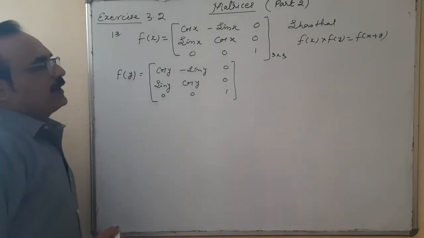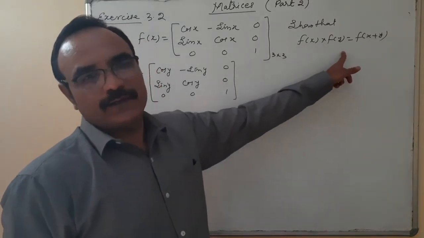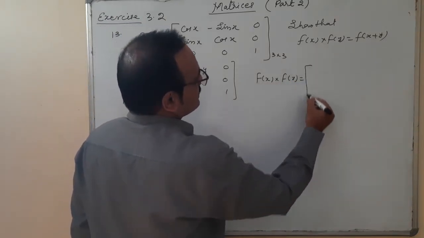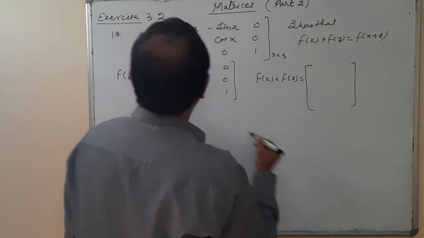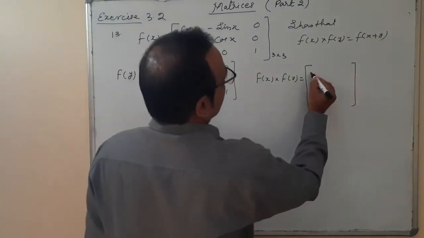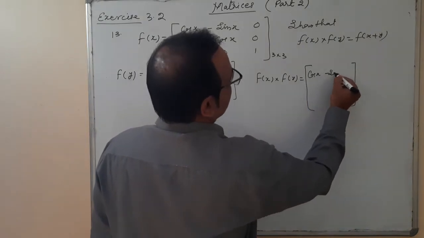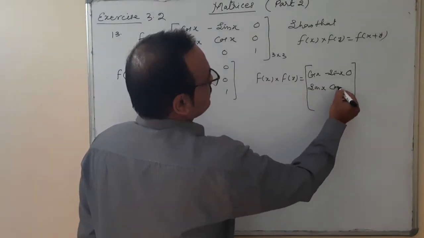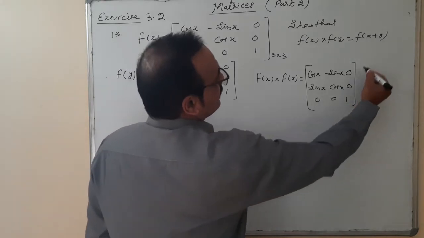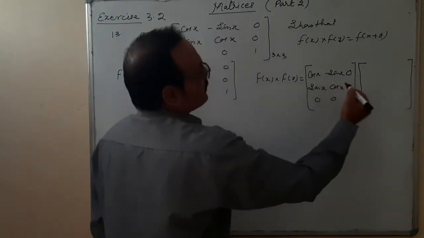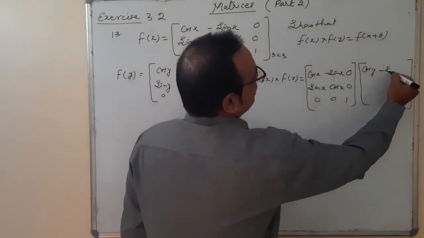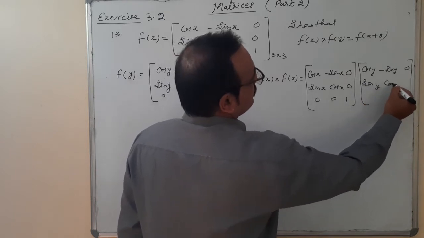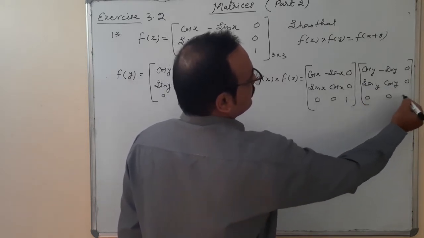F of x into f of y. What does it mean? We are going to multiply f of x, which is cos x, minus sin x, 0; sin x, cos x, 0; and 0, 0, 1, by the second matrix: cos y, minus sin y, 0; sin y, cos y, 0; and 0, 0, 1.